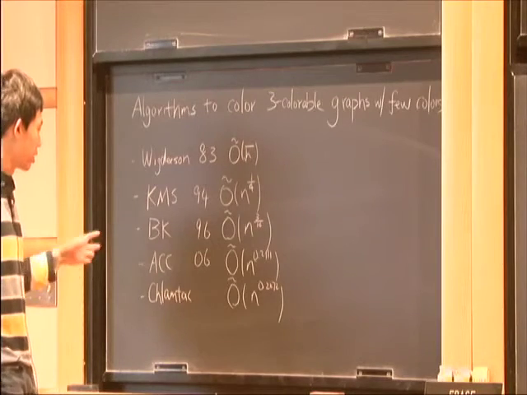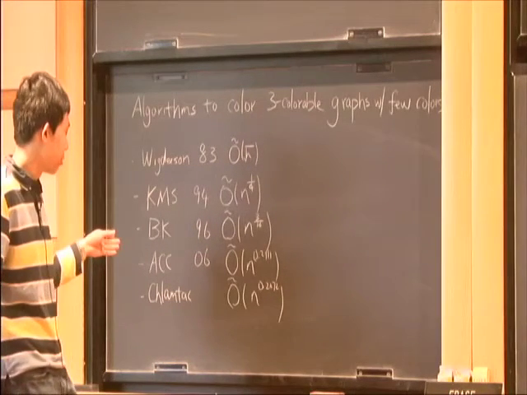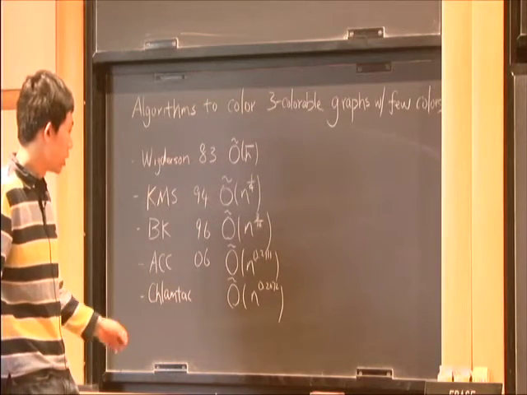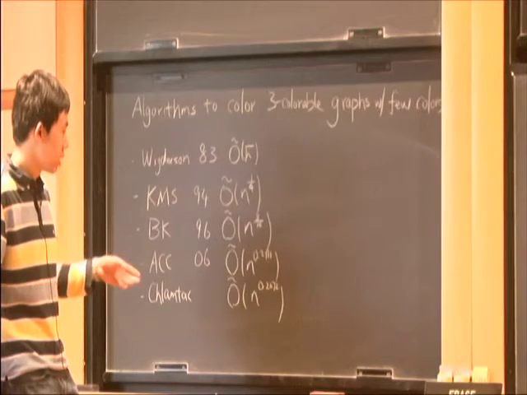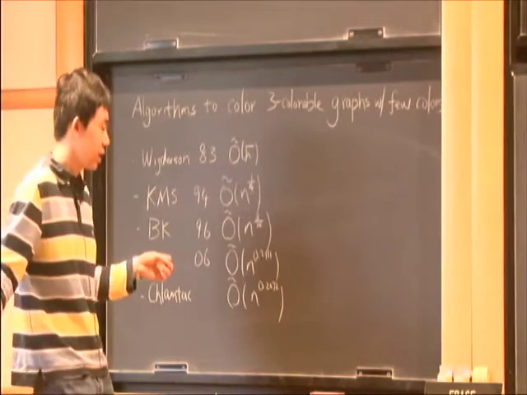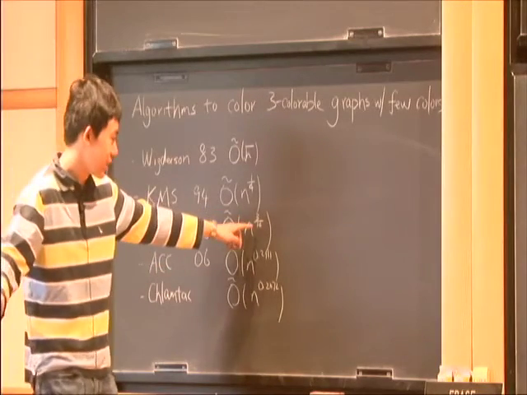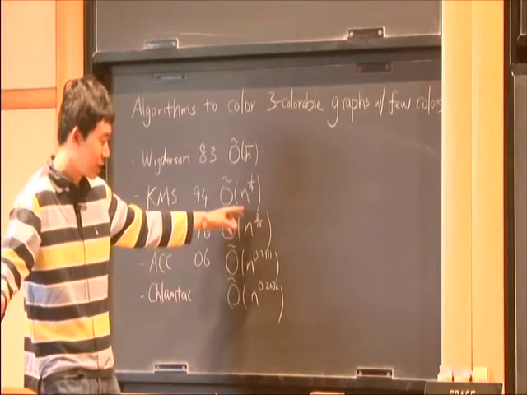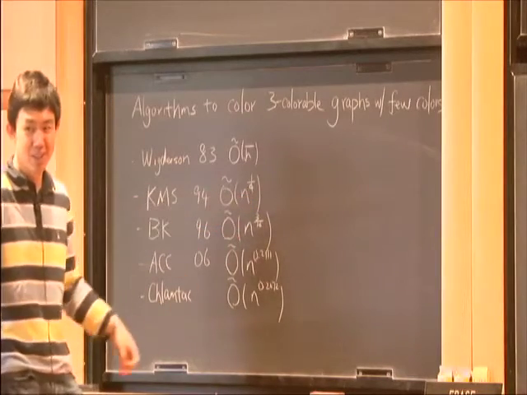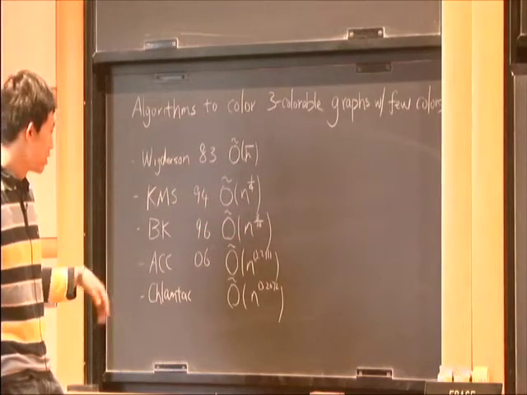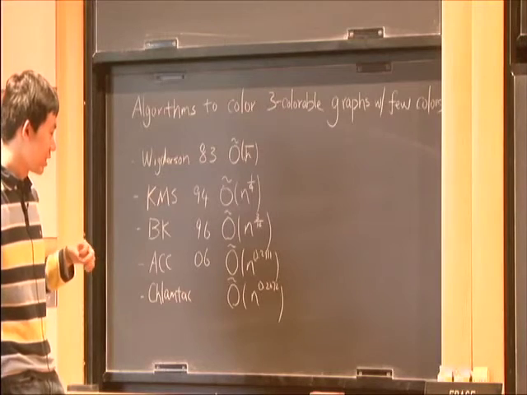An improvement over this was given by Blum and Karger, and it gives roughly n to the 3/14 colors. This is already like n to the 0.2142. And since then, progress has been slow.